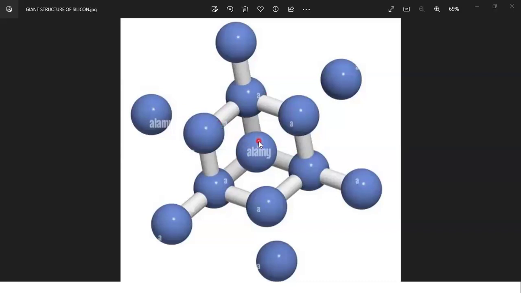It's very extended. All right, so that's the structure of silicon. It's giant covalent.